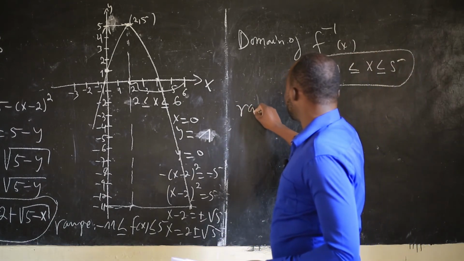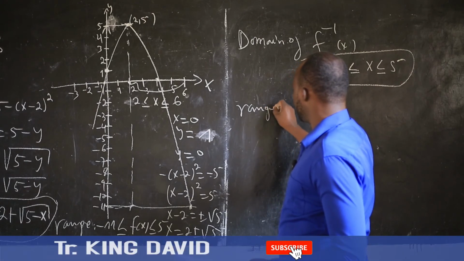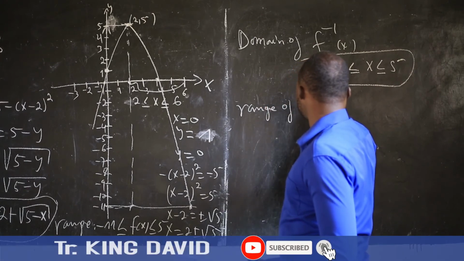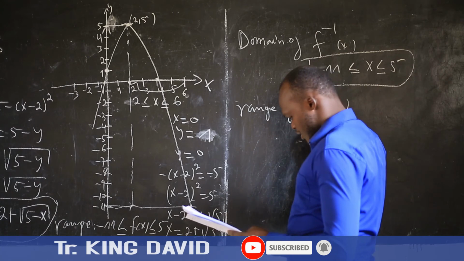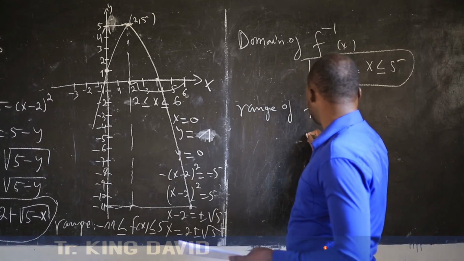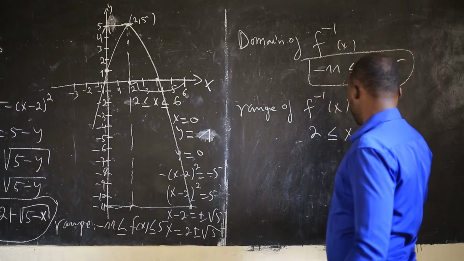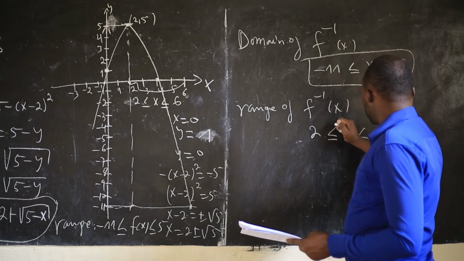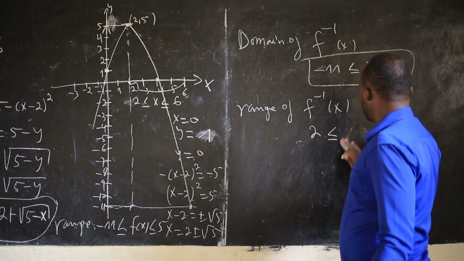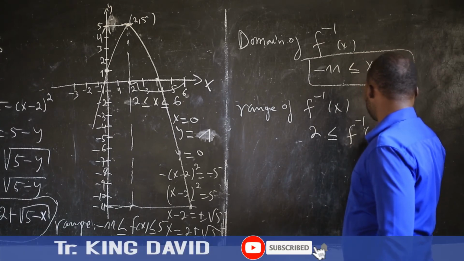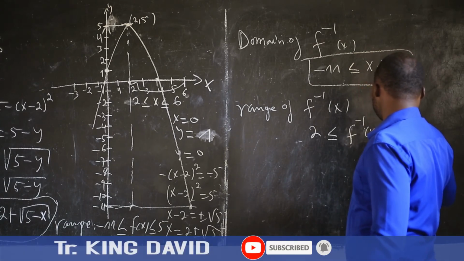Then the range of the inverse is the domain of the function. It will be 2 less or equal to f inverse less or equal to 6.